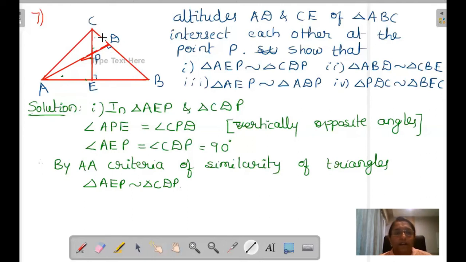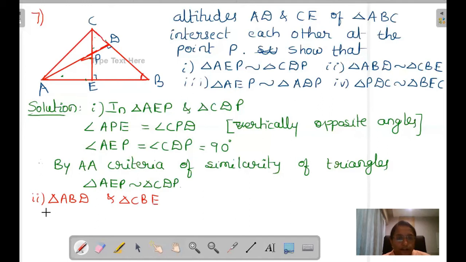Here, in triangle ABD and triangle CBE, this angle is common to both.